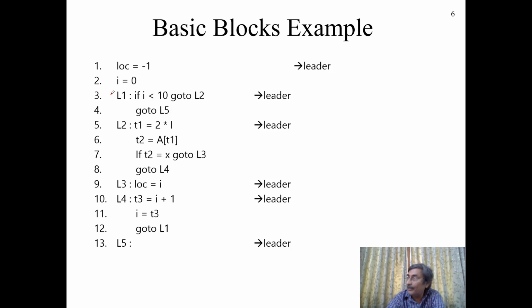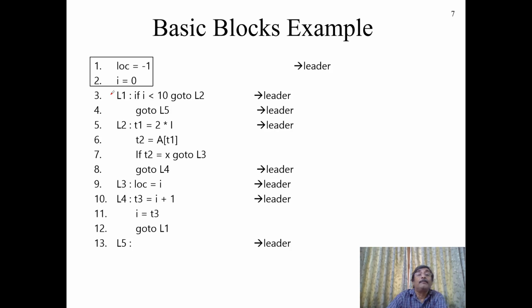But in three-address code, labels are not specifically given. So therefore, you can only have the targets. And then what is the third rule? The statement just after the goto has to be a leader.